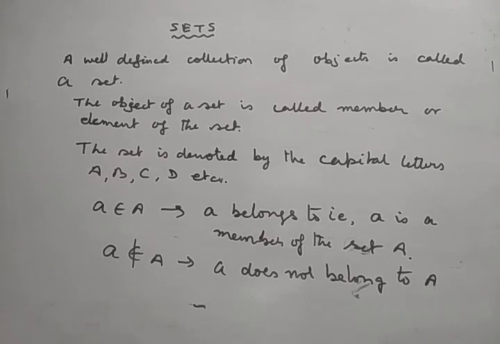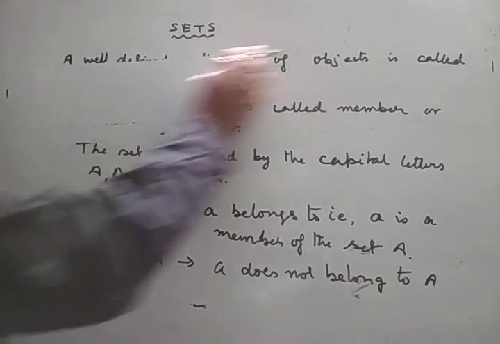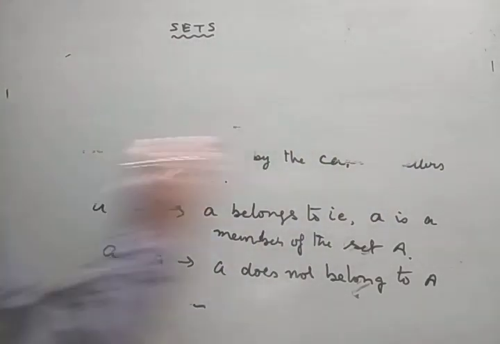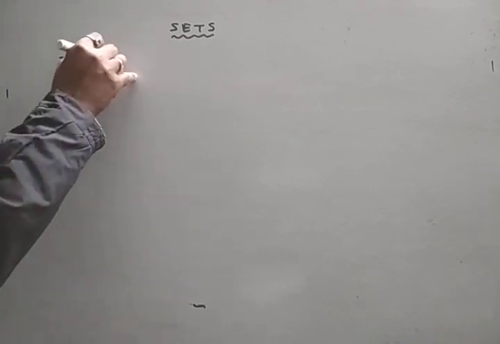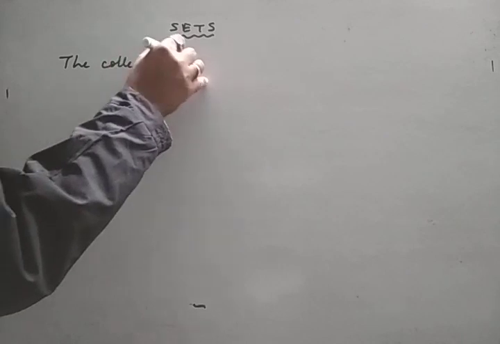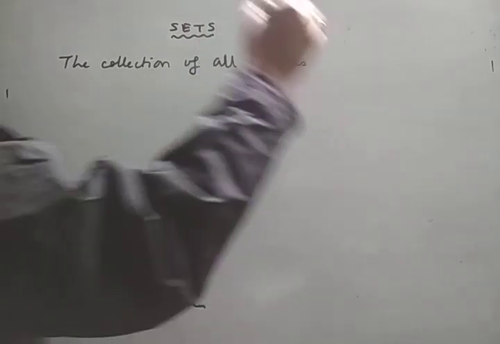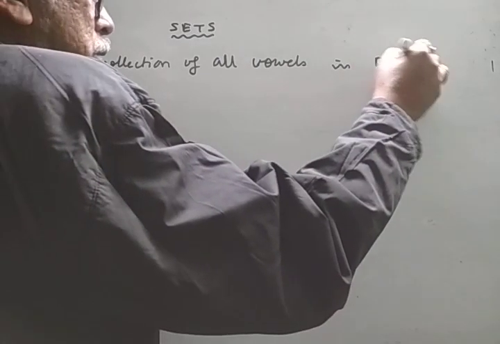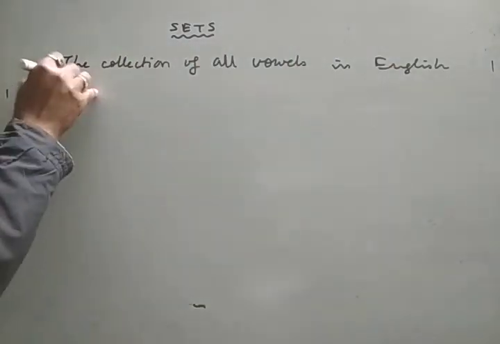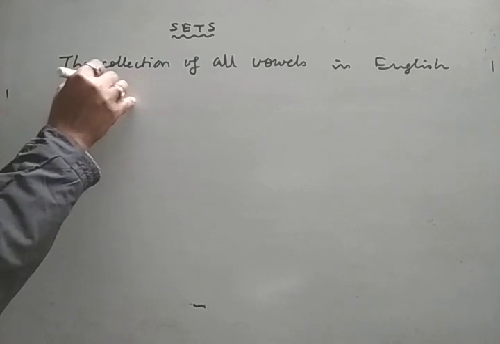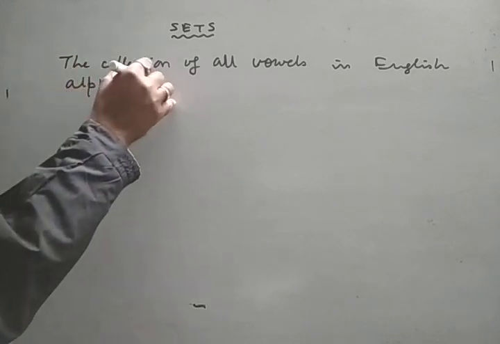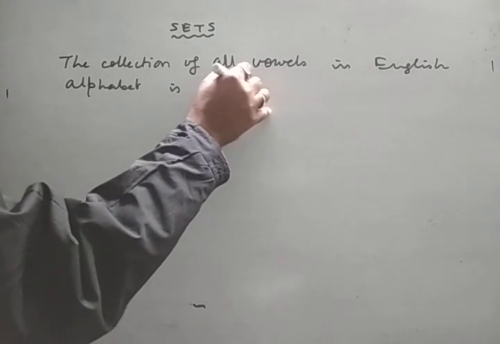Well defined. That means the collection of all vowels in the English alphabet is a set.